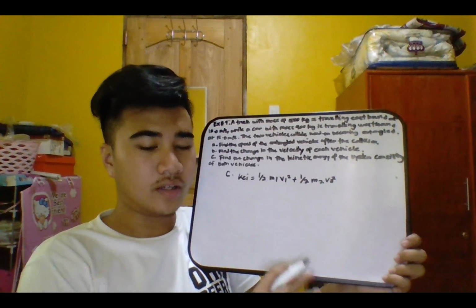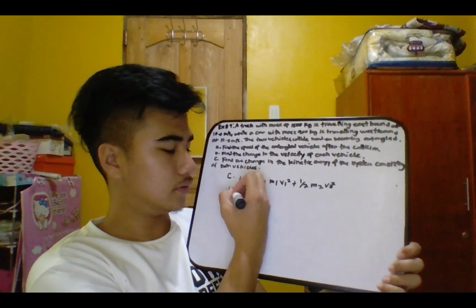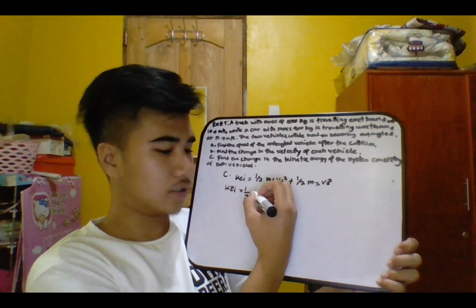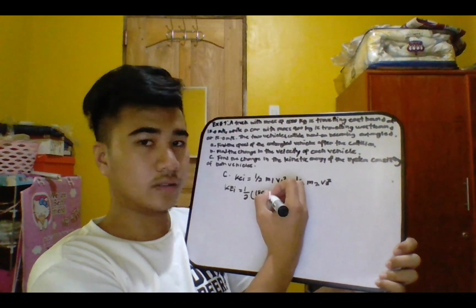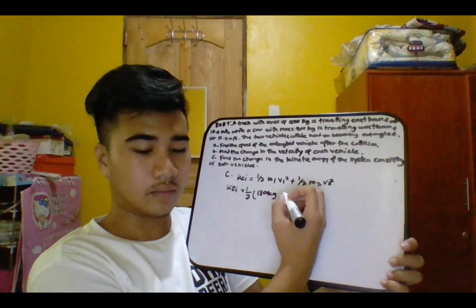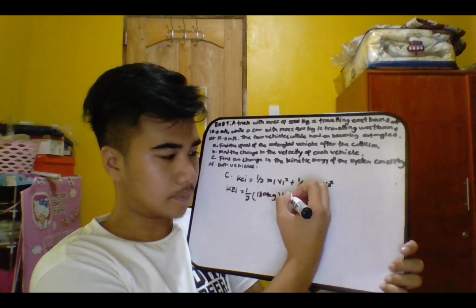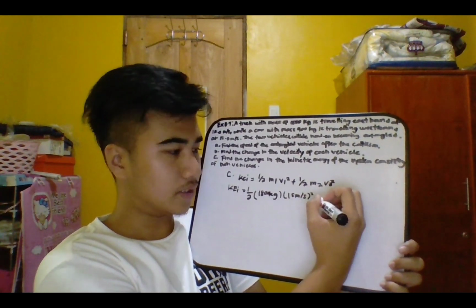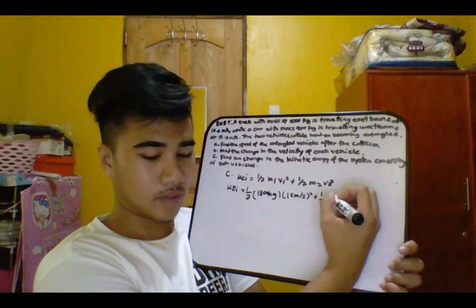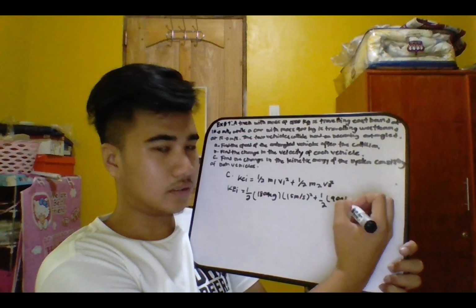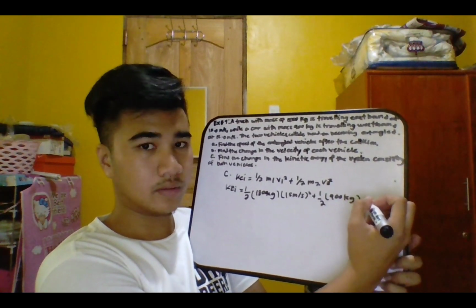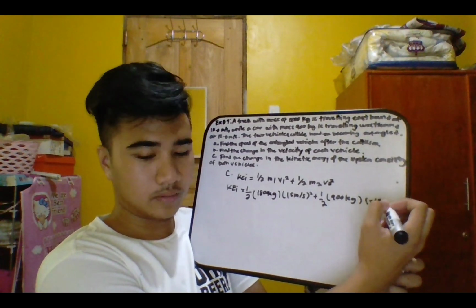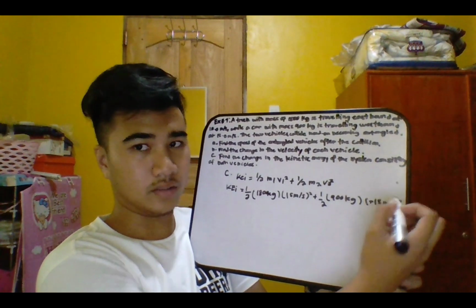The total initial kinetic energy is equal to 1/2 times 1,800 kilograms times the quantity 15 meters per second squared, plus 1/2 times 900 kilograms times the quantity negative 15 meters per second squared.